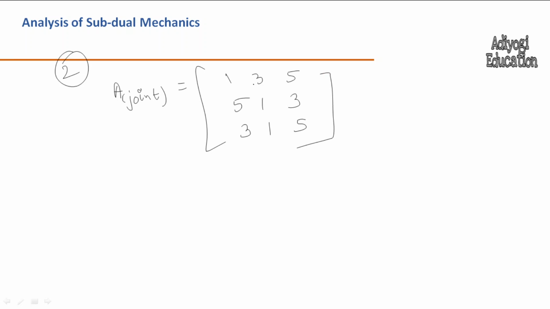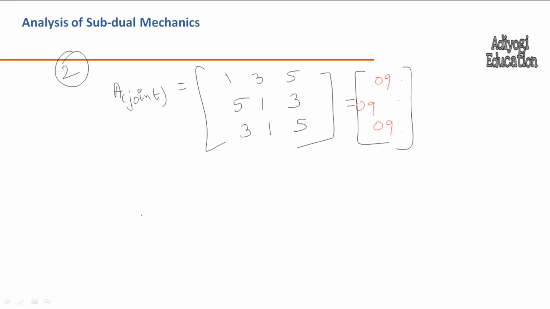Write down the sum values for this. 5 plus 3 is 8 and 1 is 9. 3, 1, 4 and this is again 9, and this is again 9. Now we have 9, 9 and 9.